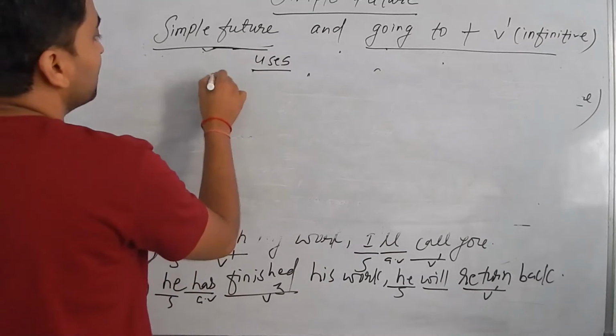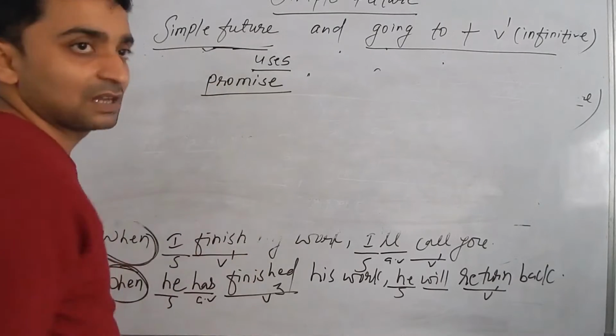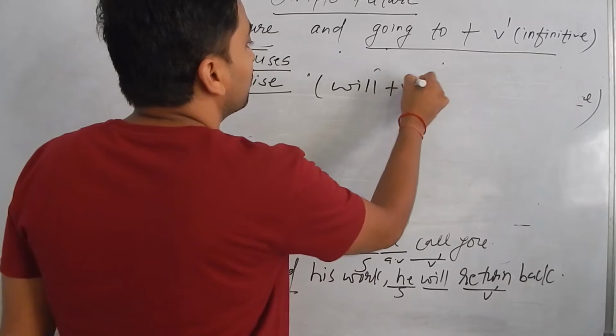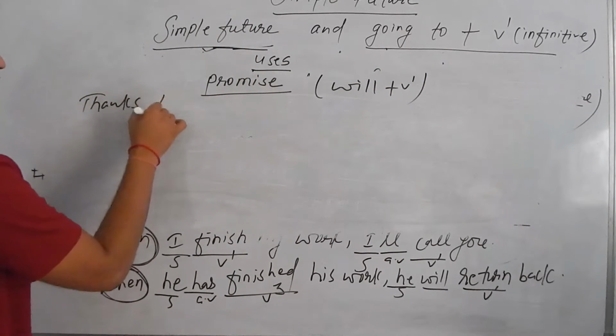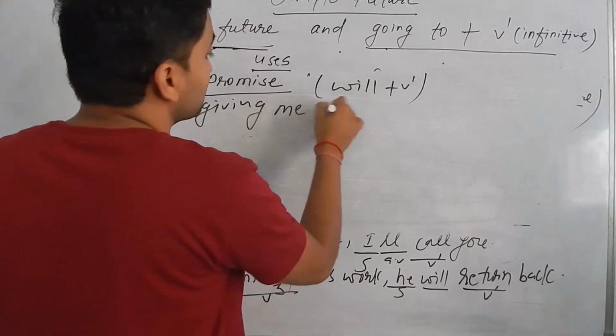Look here. Even simple future tense is used to show a promise. Promise को लागि पनि simple future tense को use हुन्छ, like will plus B1 को use गरिन्छ. See the examples. Thanks for giving me this book.